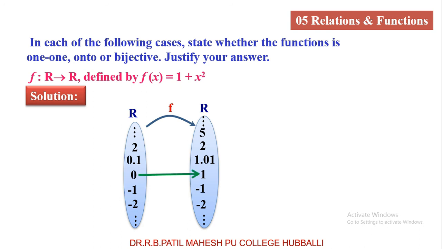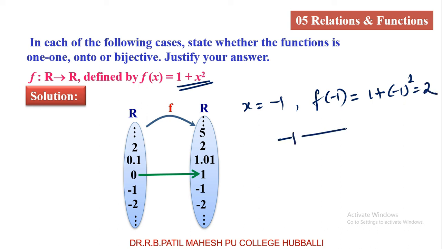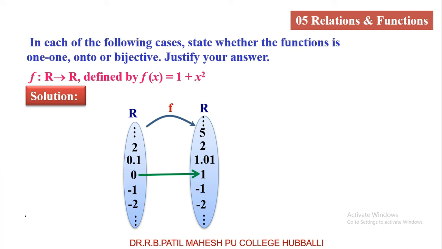Next, if I take minus 1 as the x value, what will be the image of this one? f of minus 1 is equal to 1 plus, substituting the x value minus 1, minus 1 square, that is going to be 2. It means minus 1 is related to 2. Like this we link the elements from domain to codomain.